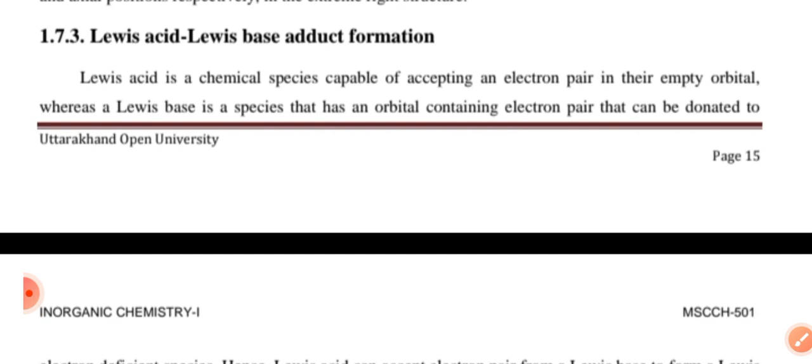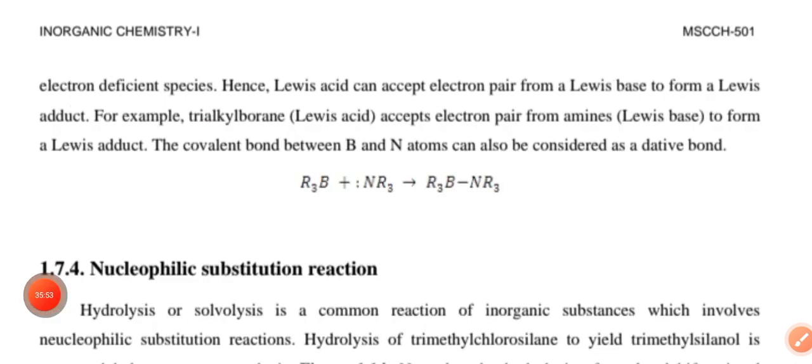Lewis acid-Lewis base adduct formation. A Lewis acid is a chemical species capable of accepting an electron pair in its empty orbital, whereas a Lewis base is a species that has an orbital containing an electron pair that can be donated to an electron deficient species.